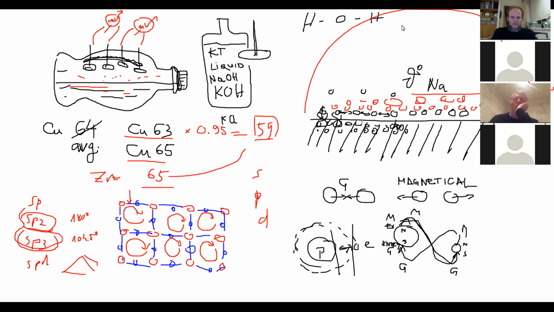And the other, if we have some opposite metal, which is 65, usually zinc, but in some cases the isotope of copper, which is still present, in that case we have 65 minus 59, which is 6.